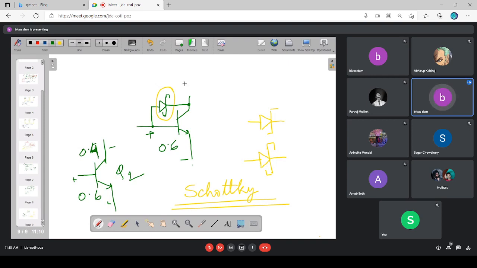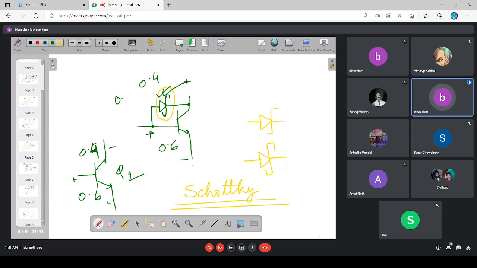But can you get plus minus 0.4 here, between the base and the collector? No, sir. Because just after the voltage rises above 0.1 or 0.2, this will be turned on.